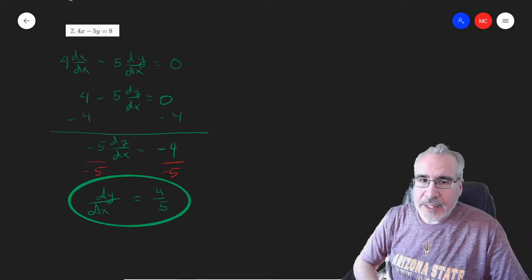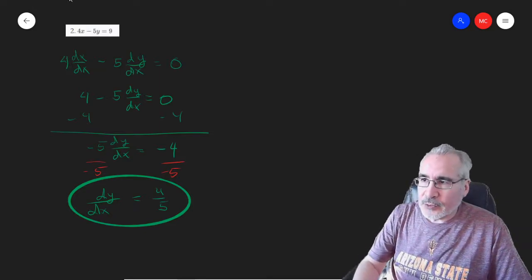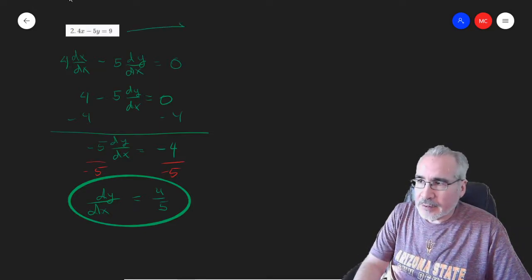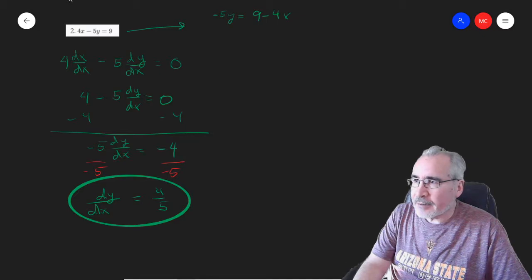Now to show you that this is equivalent to taking this and rewriting it as y equals, so we would subtract the 4 over, right? So we'll have minus 5y equals 9 minus 4x. So I subtracted 4x from both sides, and then we're going to divide everything by negative 5.